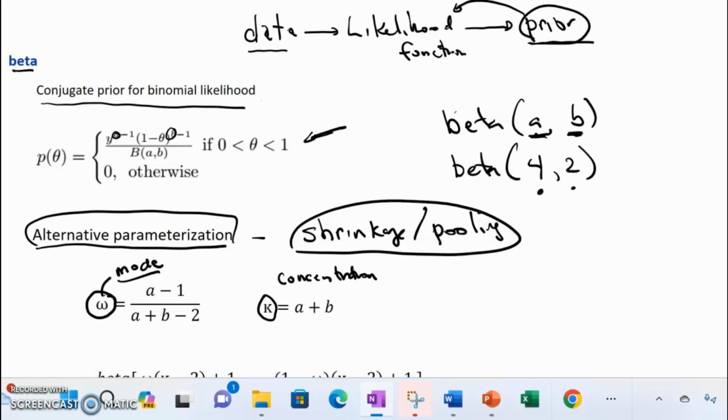The mode is calculated from A and B as A minus 1 over A plus B minus 2. If A is equal to 4 and B is equal to 2, this value of omega is going to work out to be 0.75. Kappa is A plus B, 4 plus 2, which in this example is going to be 6.